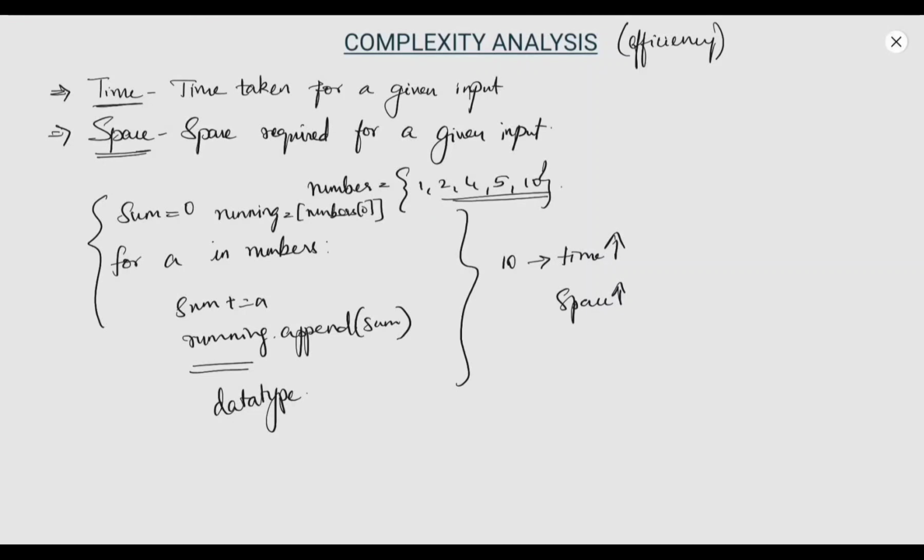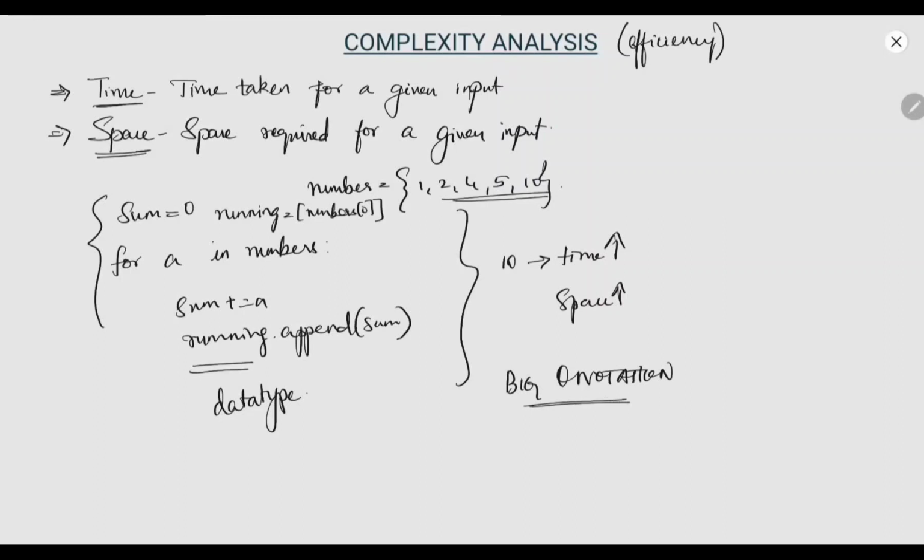So what this tells us is that we need some representation on the basis of the number of elements which we have in the given list. So that is where big O notation comes into picture. Big O notation is nothing but representing the time taken or the space required to execute your algorithm depending on the number of elements given as an input.